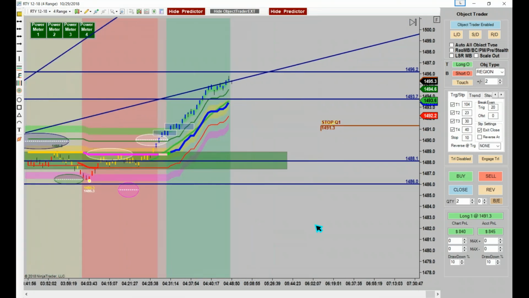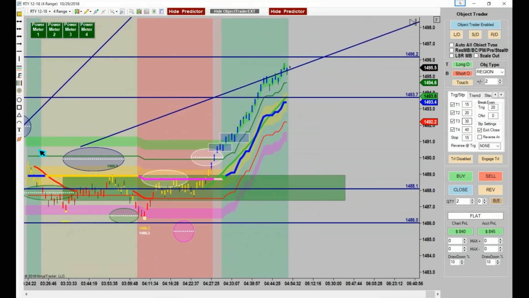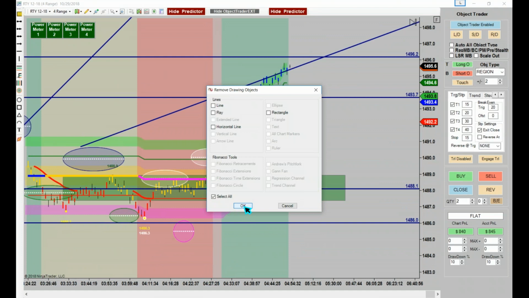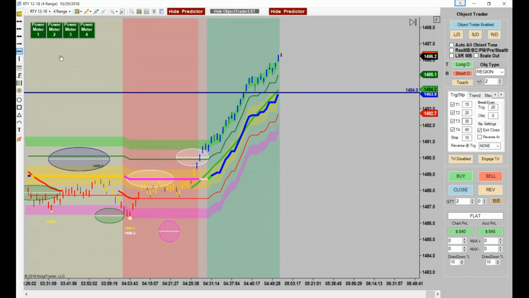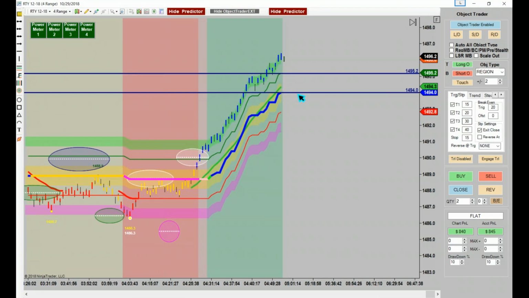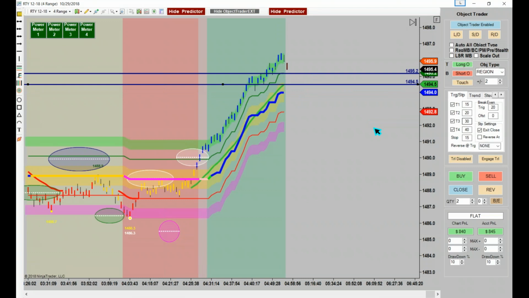Okay. Now, if you weren't in this trade at all, let's see if we can get one. I'll just kill that trade. Let's see if we can get a trade based on minimum criteria. Okay, our minimum criteria is what? We're going to have to break stealth and line 6. And right now, stealth is moving around, so you're going to have to move it each time and see where it's going to be.